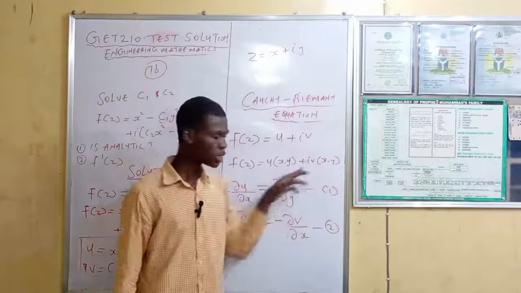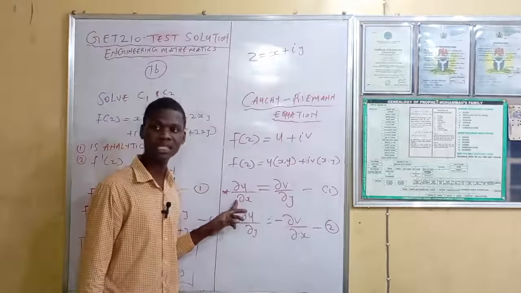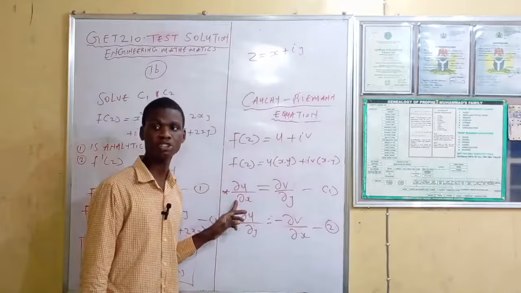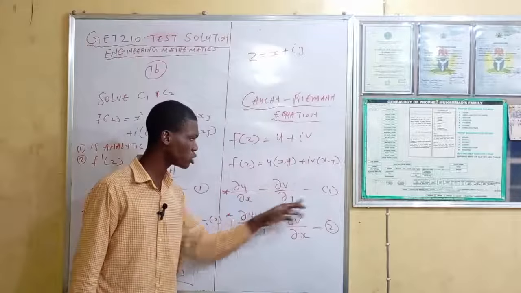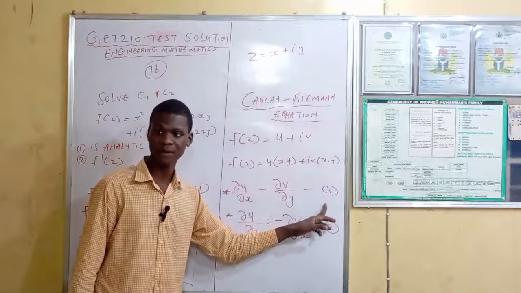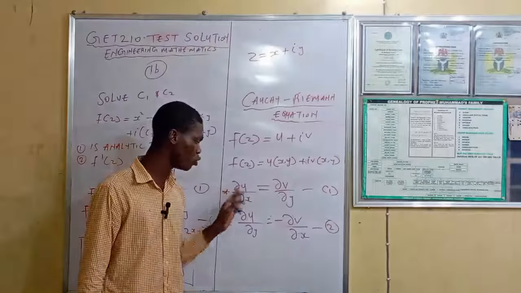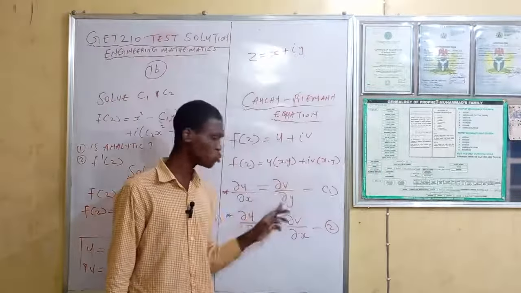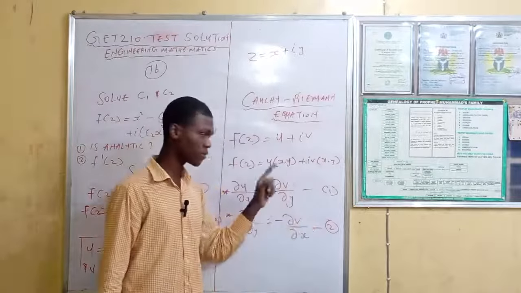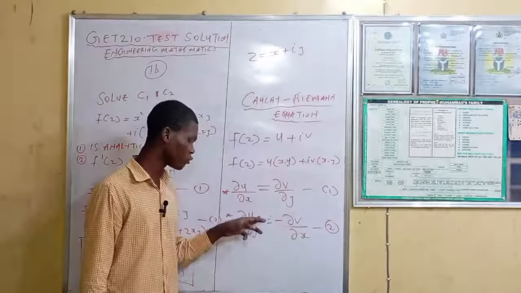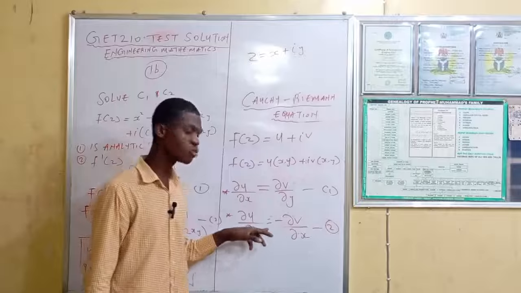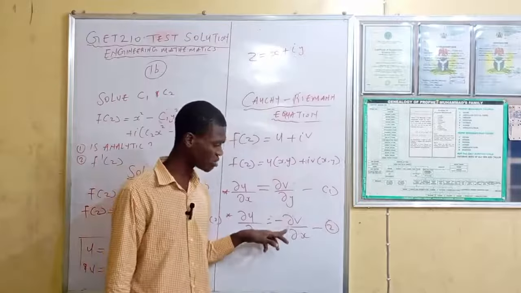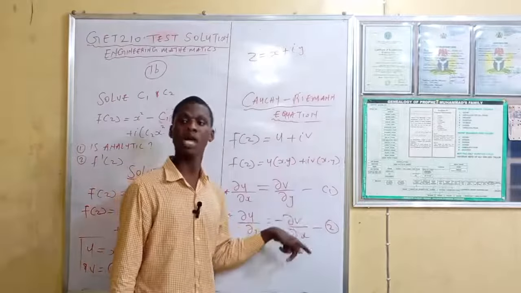So that's it. Then number 3 is that to test this given function under Cauchy-Riemann, this condition must be satisfied. Meaning partial derivative of u with respect to x must be equal to the partial derivative of v with respect to y. That's the first one. Partial derivative of u with respect to y must be equal to negative partial derivative of v with respect to x.